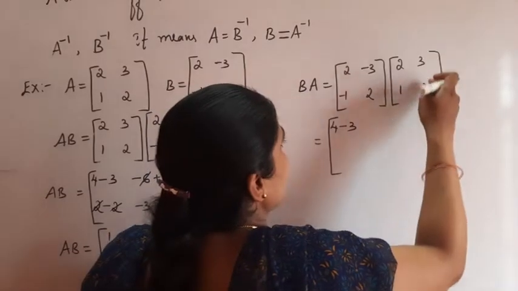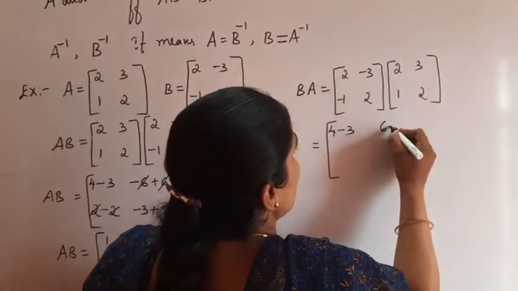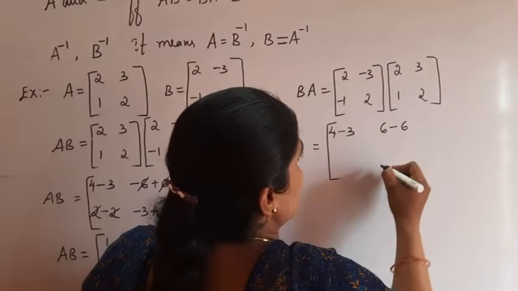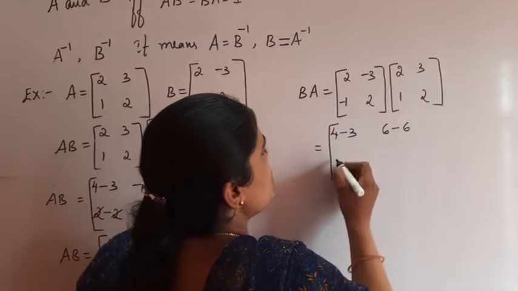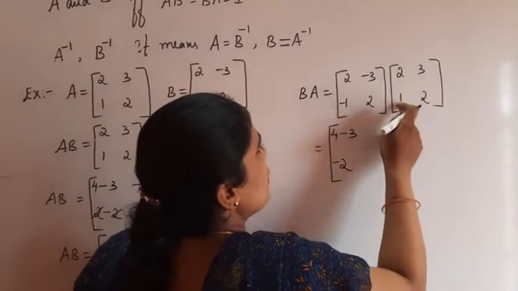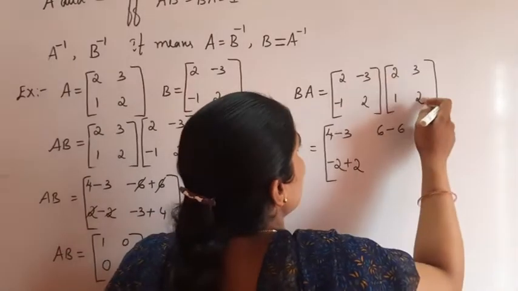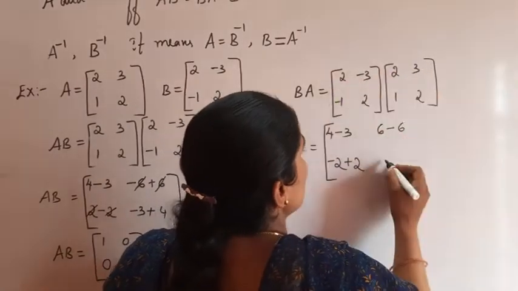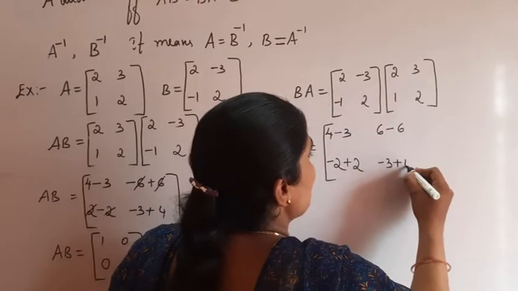First row, second column: 2 3s are 6, minus into plus, minus 3 2s are 6. Second row, first column: minus 1 into 2, minus 2, 2 1s are 2, that is plus 2. Second row, second column: minus 1 into 3 is minus 3, 2 2s are 4, that is plus 4.